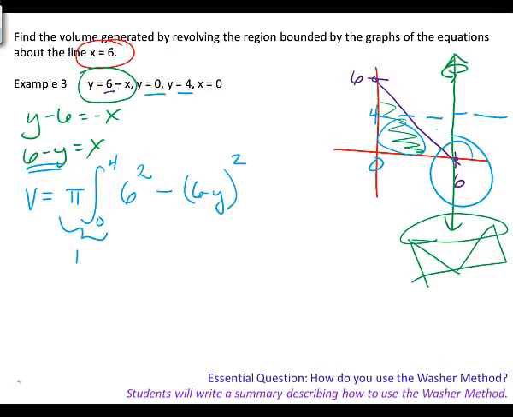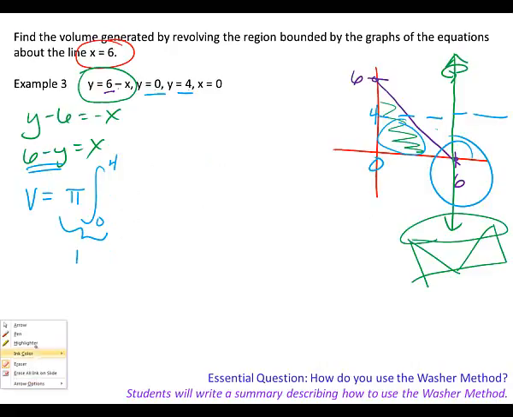Oh, never mind. I screwed that up. I'm not reading my notes right. Let's do our radius just like we were doing it before. I'm doing it wrong, sorry. So my radius, I knew it had to be up in front of the washer stuff for a reason.